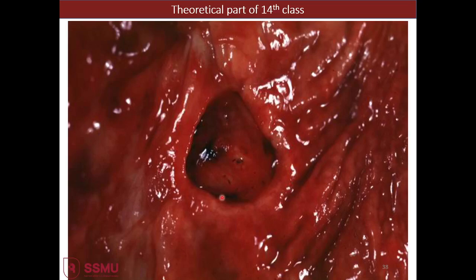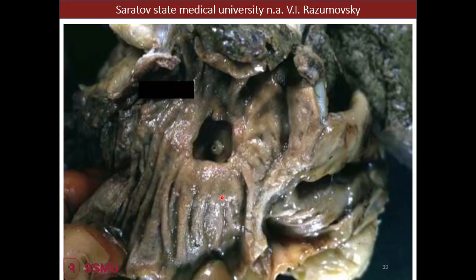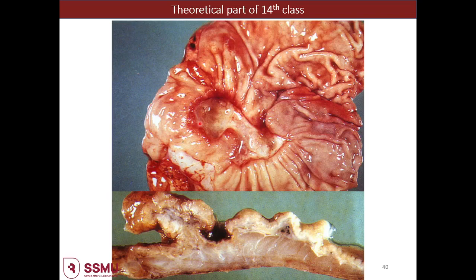Again, I hope you understand that the size of an ulcer may be different, and it's associated only with the strength of the aggressive factor. It's associated with special chemical substances or activity of mycobacteria and so on.